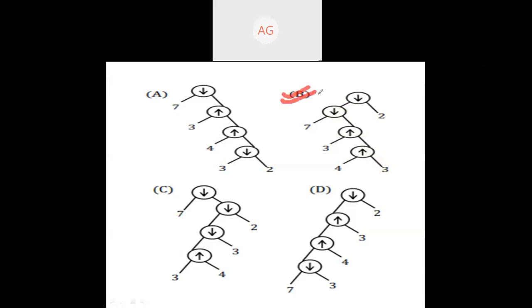The trick is that in the question it is given which of these two operators has the higher precedence, and the upward operator is given the higher precedence, so it means the upward operator will be evaluated first.